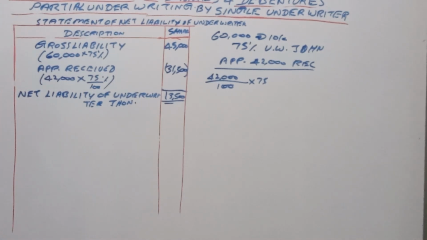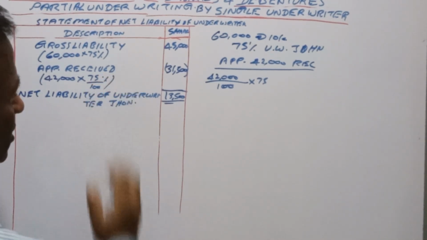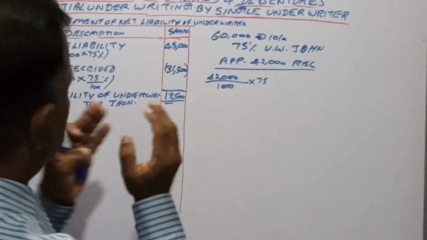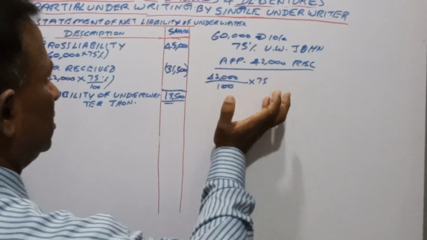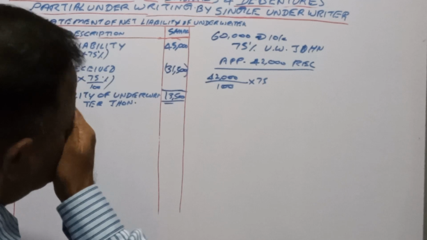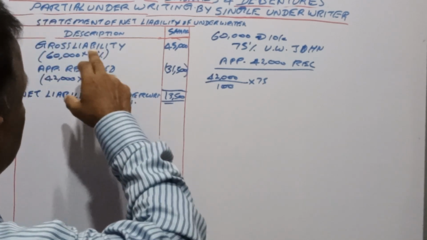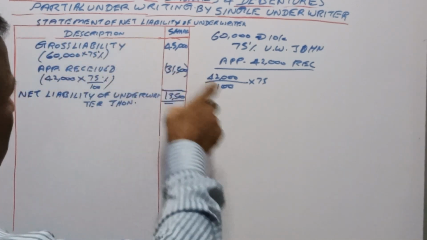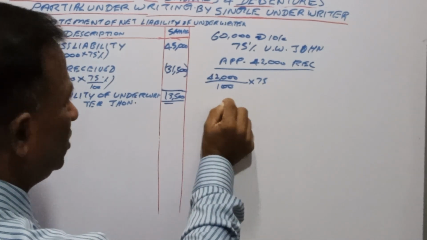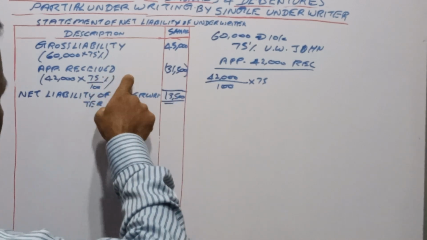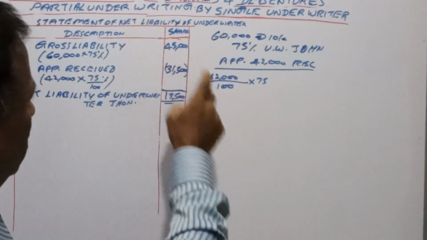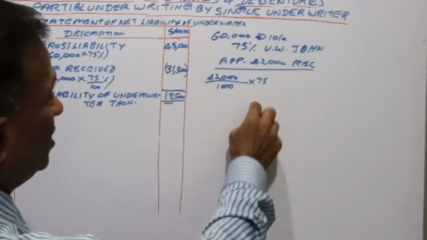Because they have not given the marked applications, it is difficult to ascertain how much of the 42,000 is relevant to John. But we have taken the gross liability ratio, and you have to put the assumption that the application received calculated for John is based on the gross liability ratio.